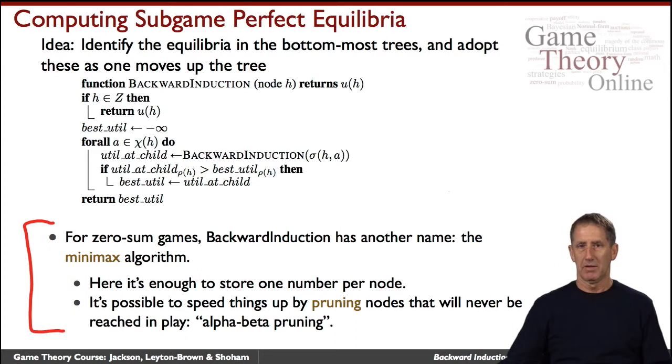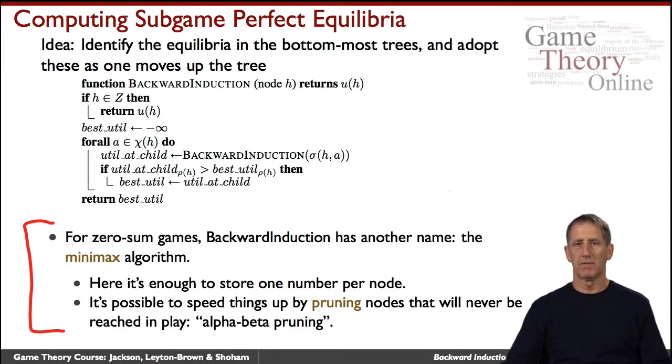And in fact, there's a way to speed up the procedure, and we won't go into it here, but the intuition is that as you're visiting the children of a given node, you may find out that at that point there's no need to explore the remaining children of that node, because intuitively it won't matter.